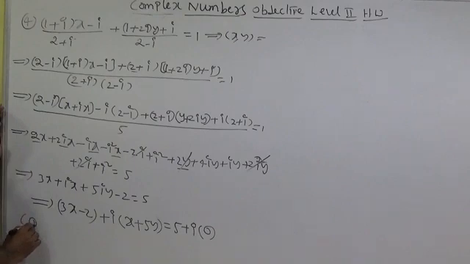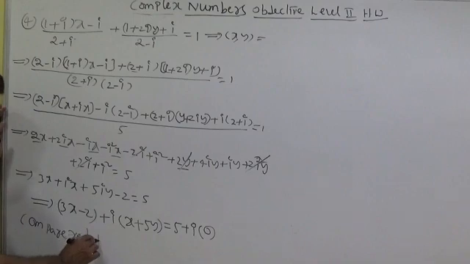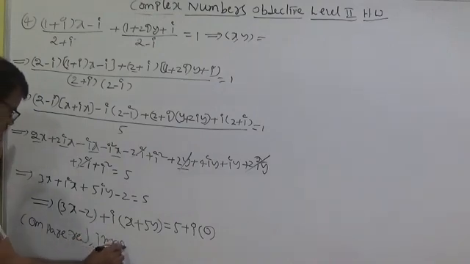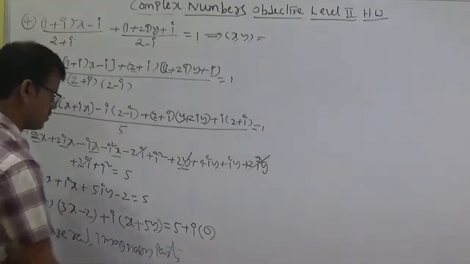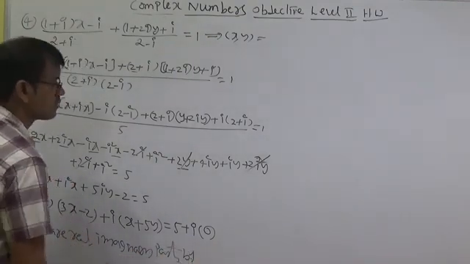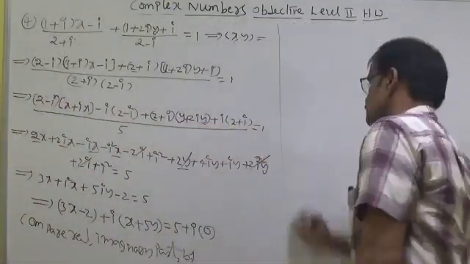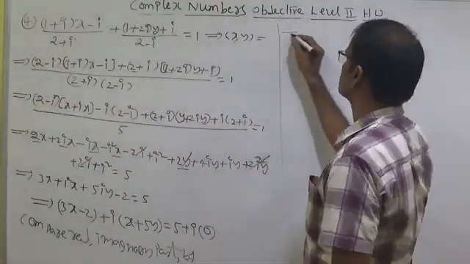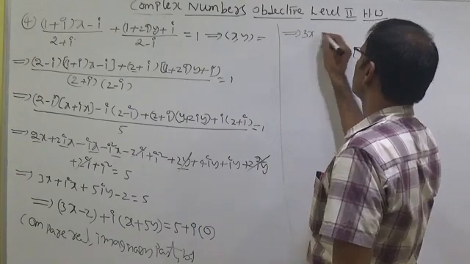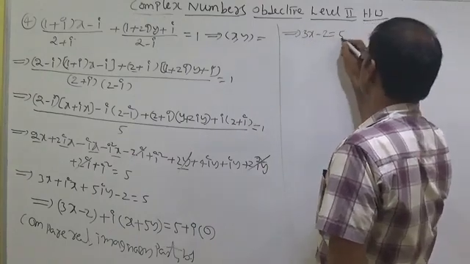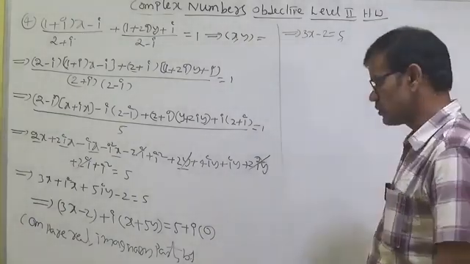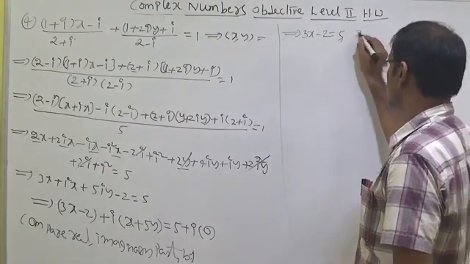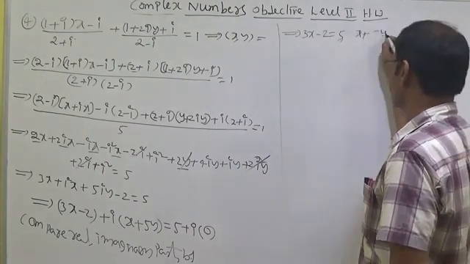Compare real and imaginary parts, not only real, on both sides. That implies 3x minus 2 is equal to 5 and x plus 5y is equal to 0.